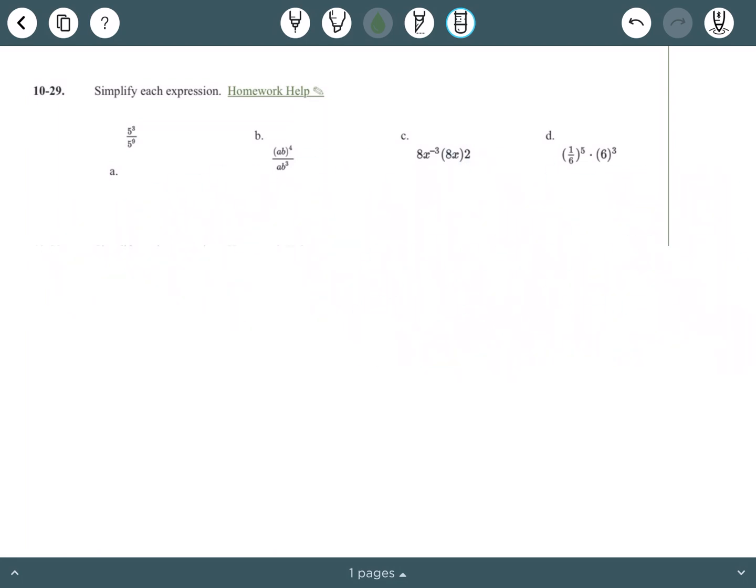All right, that was A. I've got to erase so I have room for B. Now, B, I'm going to recopy as well because it's just so tiny. We have (ab)^4 over ab^3.